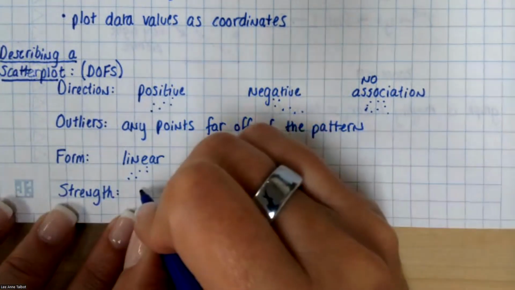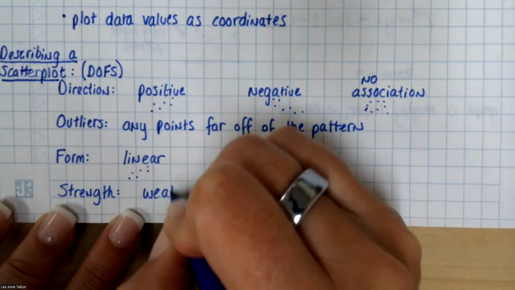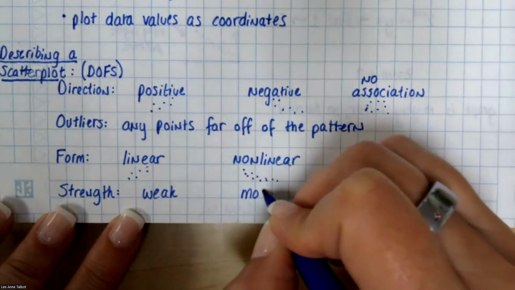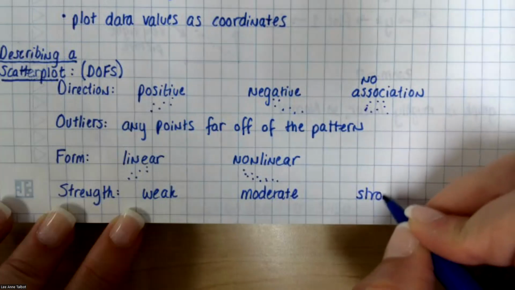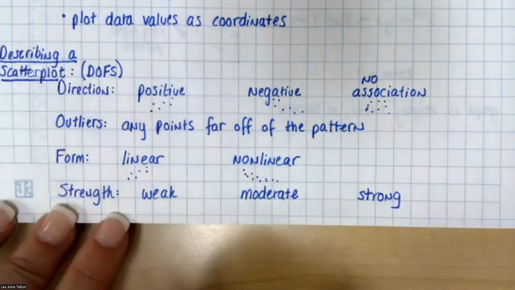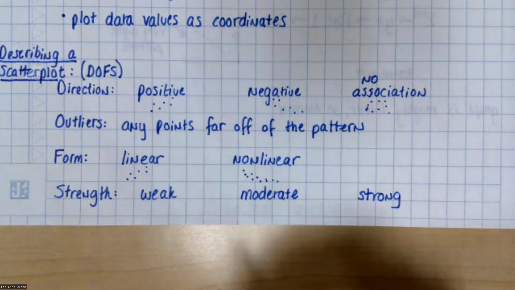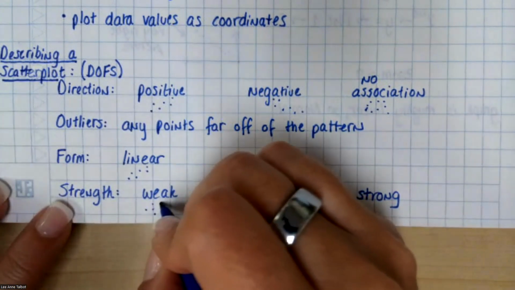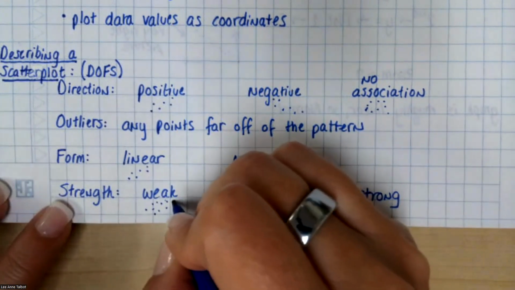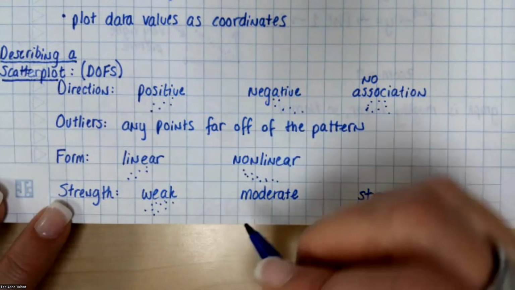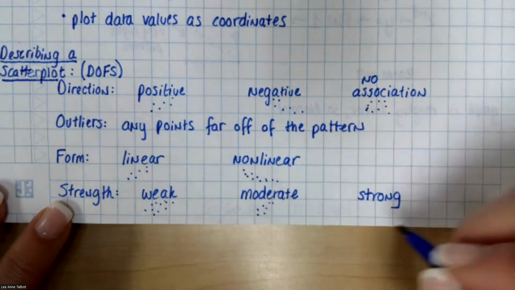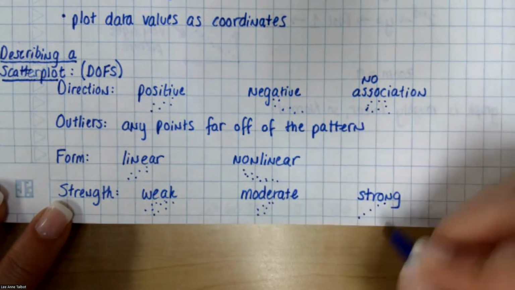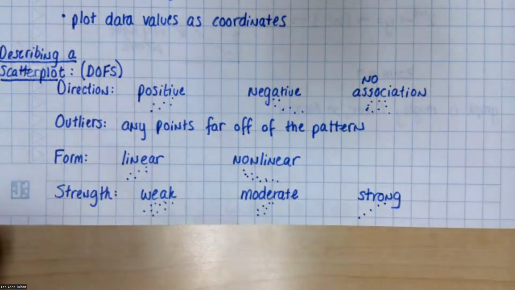Okay, and then there are three strengths: weak, moderate, strong.